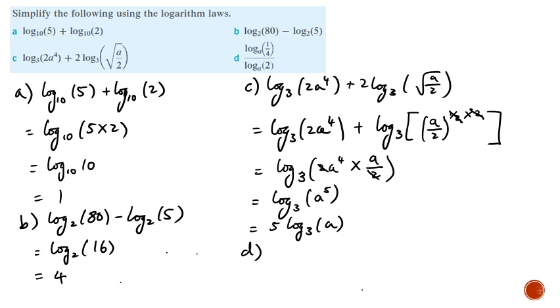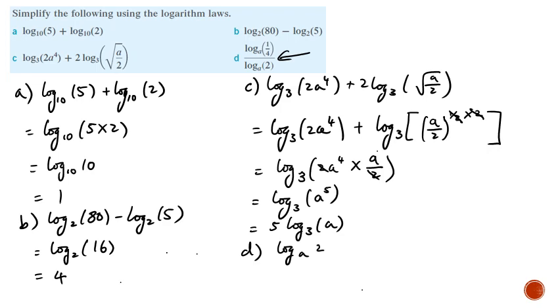D. Now we need to actually simplify this using powers first, and remember this divide sign here actually does not mean you divide inside, just remember that. So then we have log a.